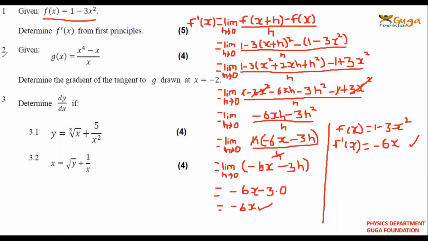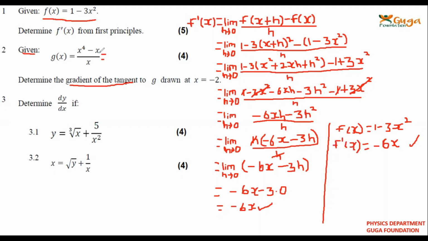Okay, now let's go to number 2. Given that g of x is x to the power 4 minus x all over x, determine the gradient of the tangent. You know the tangent is the line that cuts the graph once, at one point, at x is equal to minus 2. So here we can still simplify further.